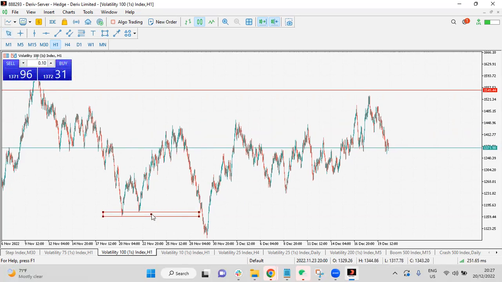Look at how it behaved at this level. This was previously a low. This one had not been formed, but the moment it got there, it reacted. So you'll find these areas covered if you look at your charts keenly.